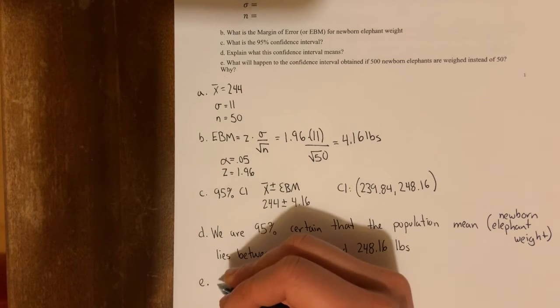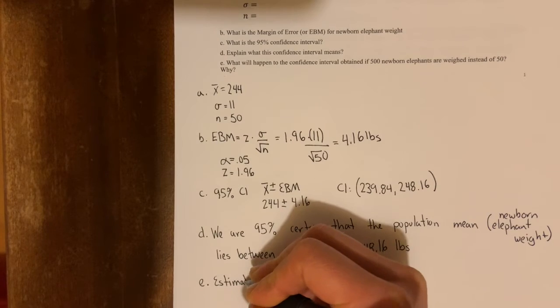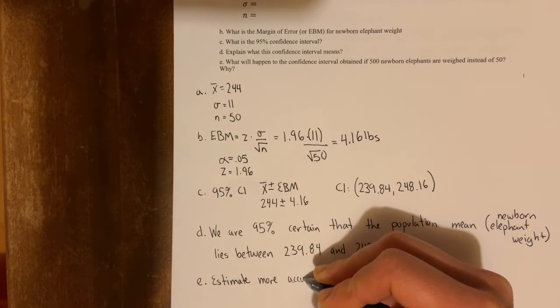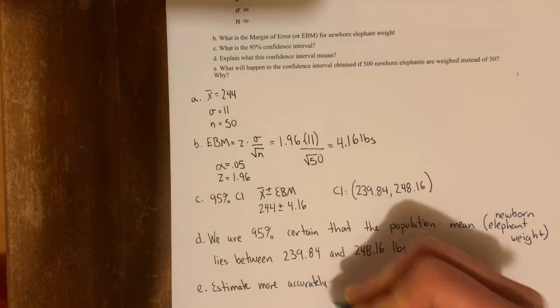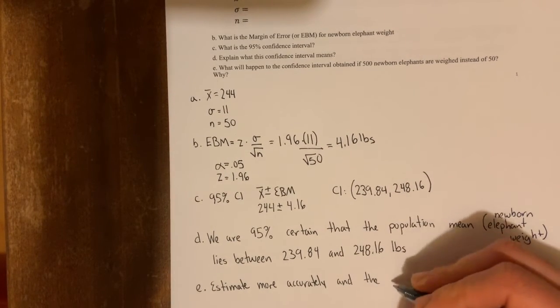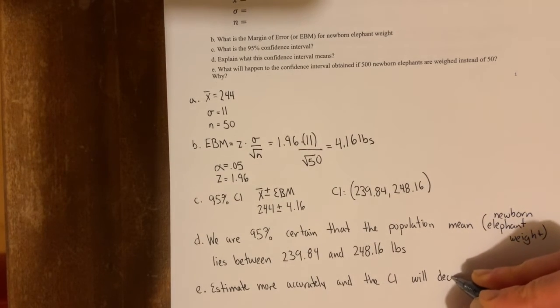So we can estimate more accurately and the confidence interval will decrease.